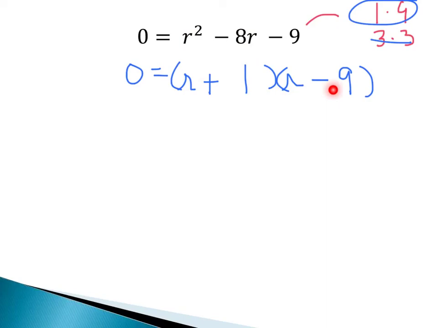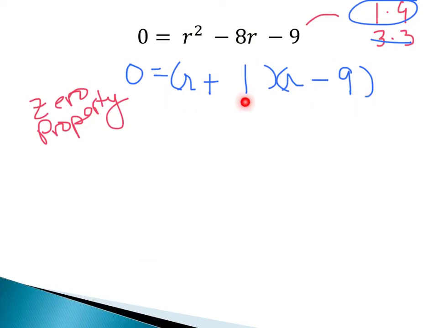So that works for us, that's nice. The next thing we're going to do is use the 0 property. If we have factors, or terms, multiplied together to give us 0, then this is 0, or this is 0. In other words, we can set them each equal to 0. That's called the 0 property.